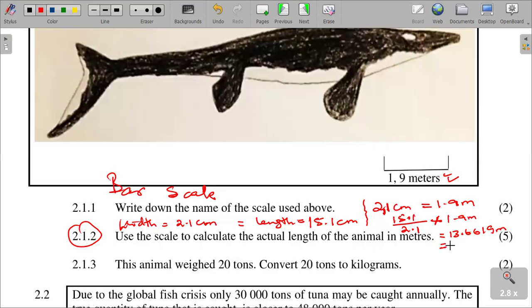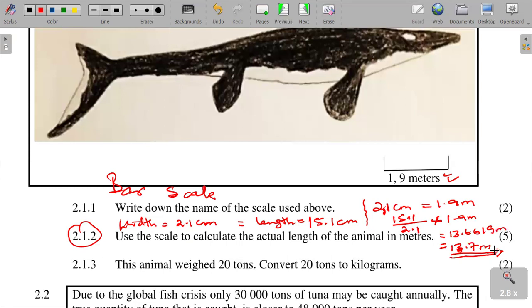And then obviously you round this off to one decimal place, which is going to give you 13.7 meters. So you measure the width and the length of the fish in centimeters, and then you convert them by multiplying by the scale there.